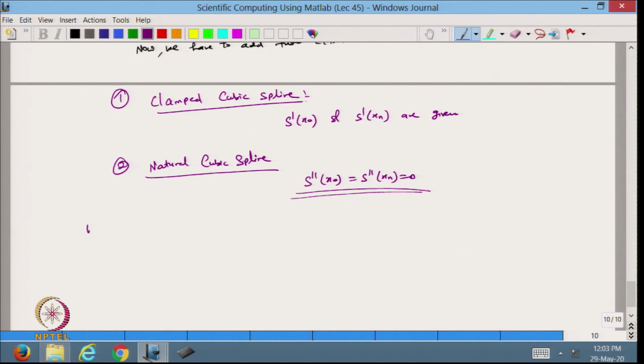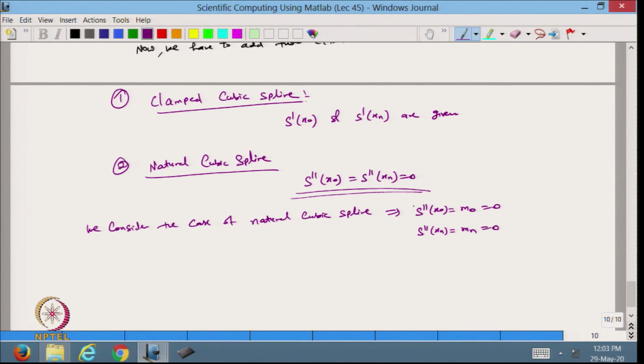We consider the case of natural cubic spline, which implies that S double dash at x naught, that is my m0, is 0, and S double dash at x n, that is my mn, is 0.